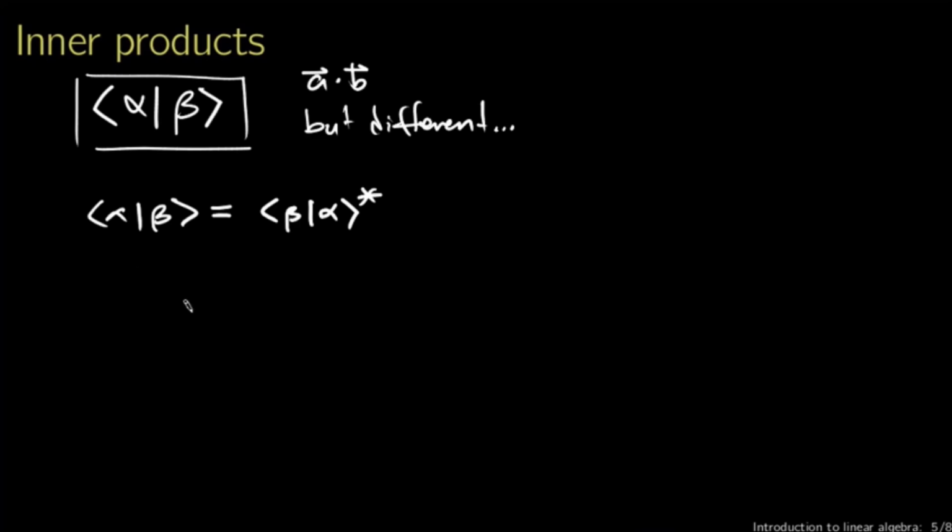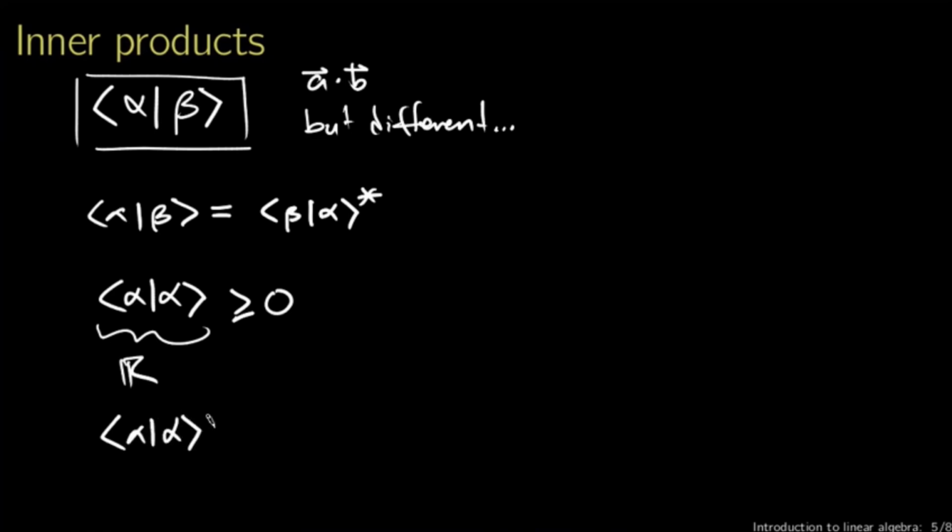We do have some familiar results, though. For instance, if I take alpha and dot it with itself, take the inner product of the vector alpha with the vector alpha, you get a real number, and it's going to be greater than or equal to 0. You also know, and this should hopefully not surprise you, that the inner product of alpha with itself equals 0 if and only if alpha is equal to the 0 vector.